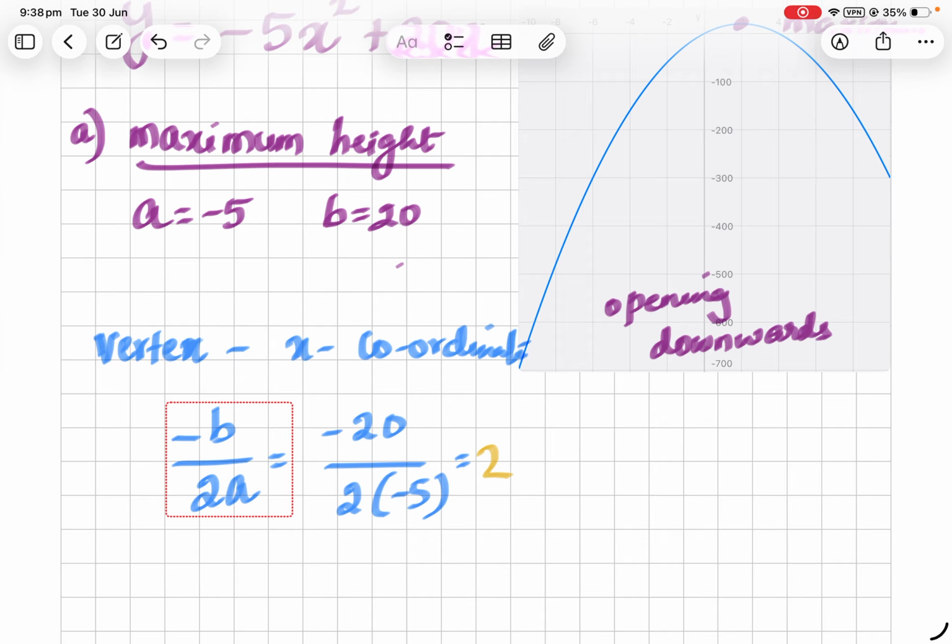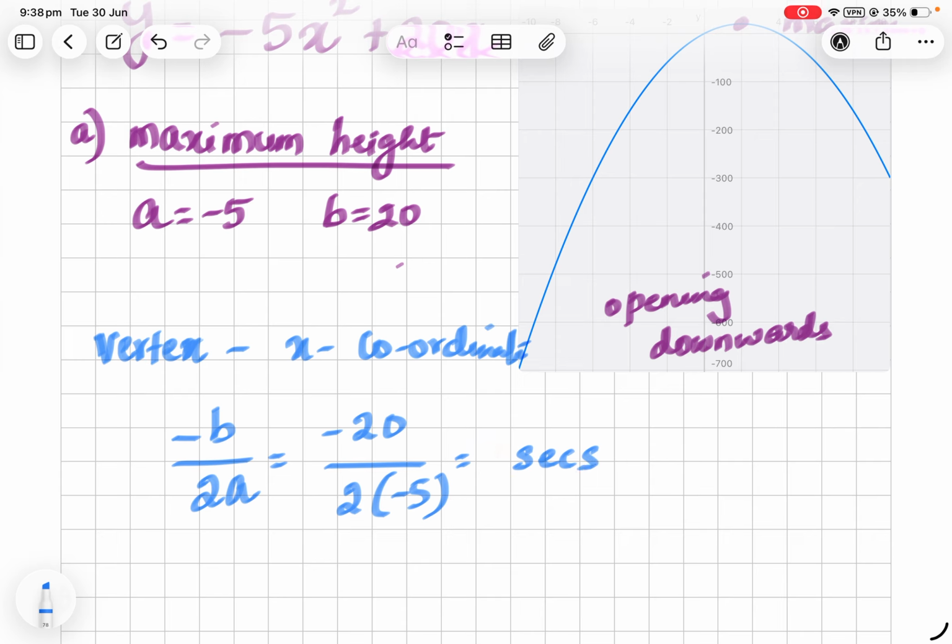So what do I interpret from that information? Which means that the time it would take to reach the maximum height, that is the x value, is 2 seconds.